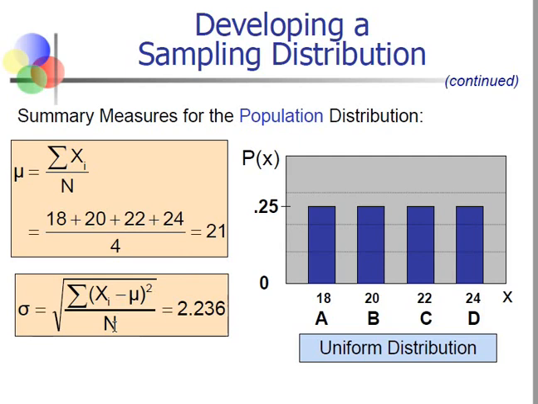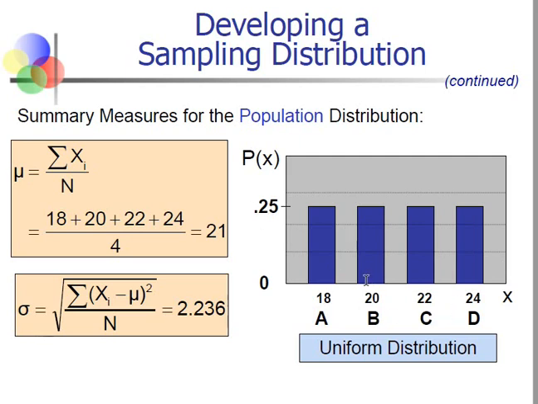Now we can try and plot the observations that we have. We have 4 observations, and the probability of picking the person aged 18 is 1 over 4, which is 0.25. The probability of picking an individual aged 20 is also 1 over 4.